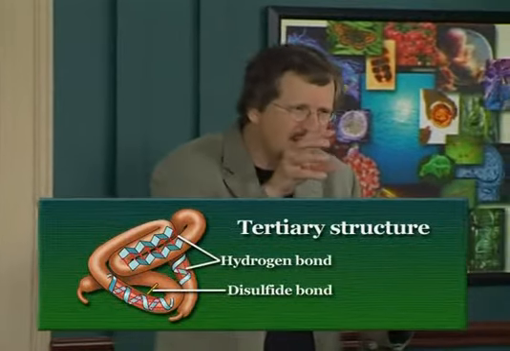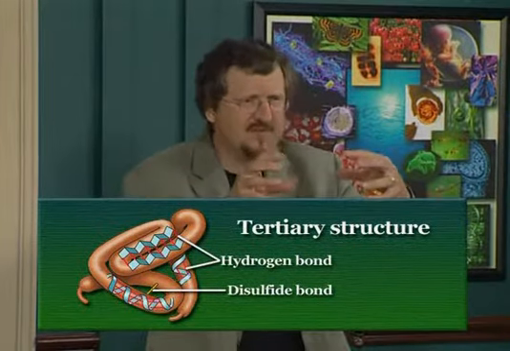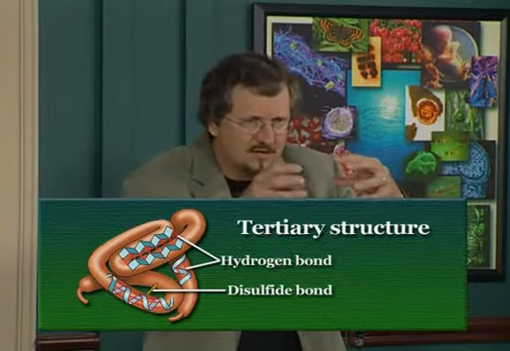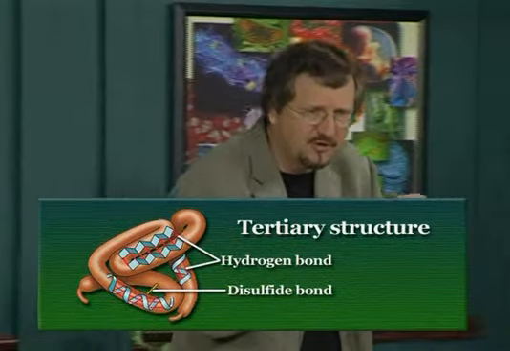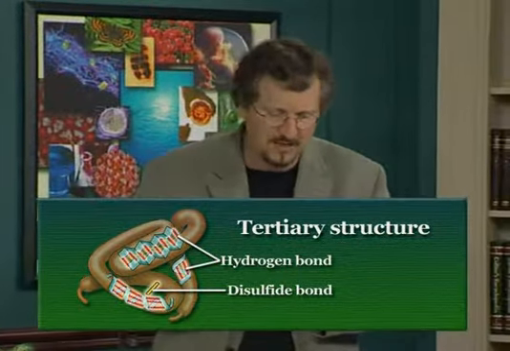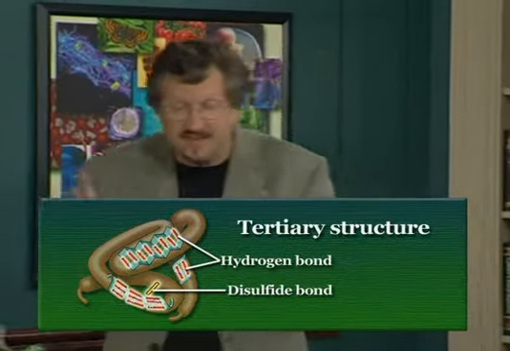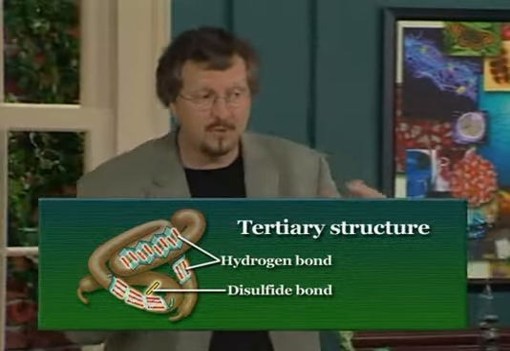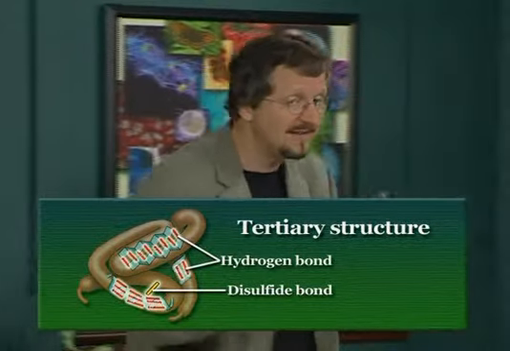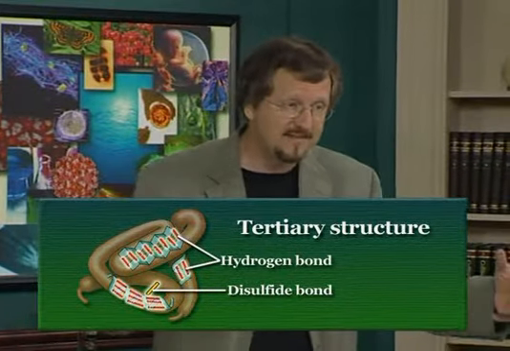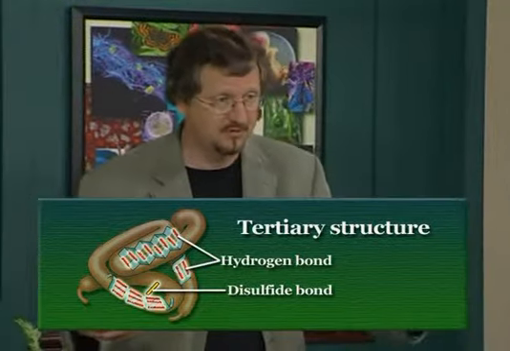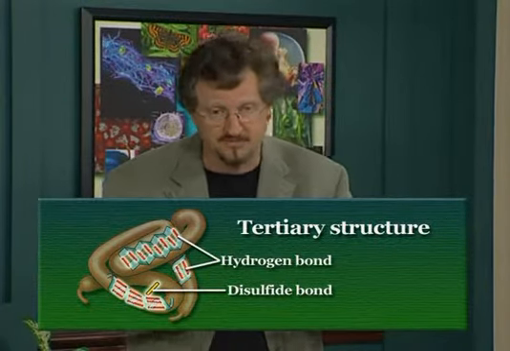We've already seen hydrogen bonds important in the secondary structure of proteins, and in this case we also can find, in some cases, hydrogen bonding pulling one amino acid a little bit this way towards another amino acid that's pulled this way so that they get a little bit closer together to form some kind of hydrogen bond or other weak chemical interaction. Now, this differs from the hydrogen bonding that we saw when we were talking about secondary structure because, again, the pattern of amino acids in the sequence is going to be variable, not predictable like the backbone of the amino acid.